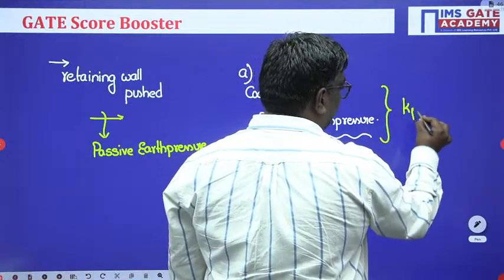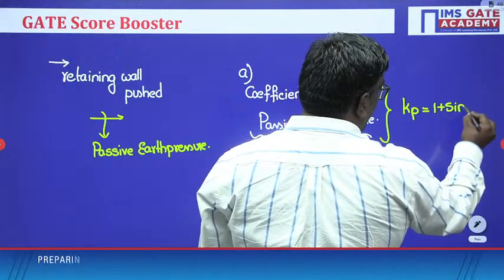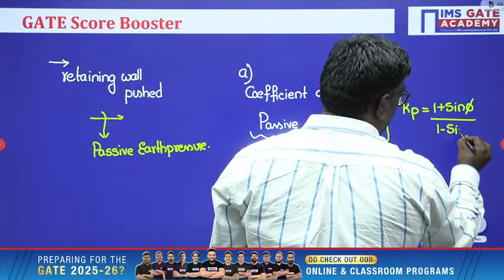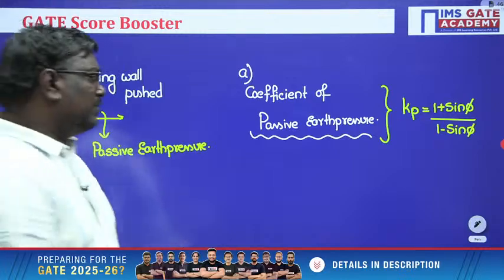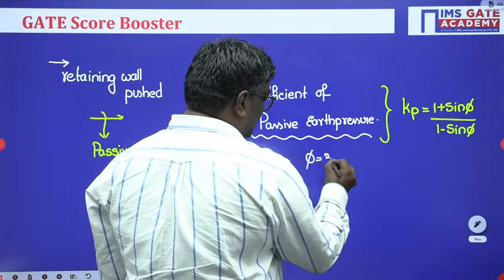So what is Kp, sir? Kp is equal to (1 plus sin phi) upon (1 minus sin phi). They have given the value of phi as 30 degrees.